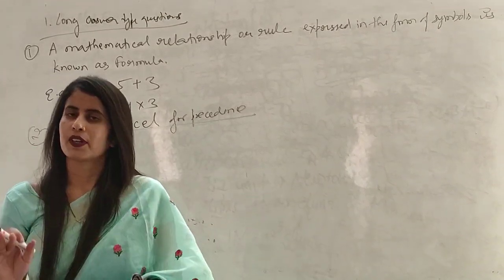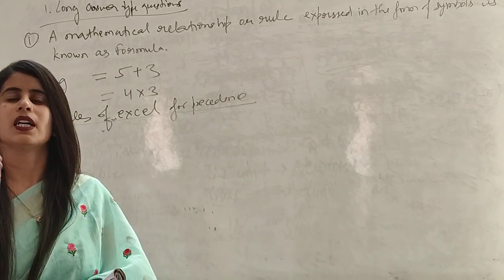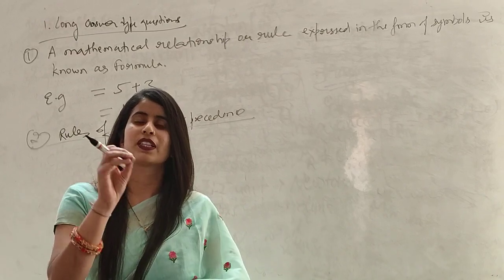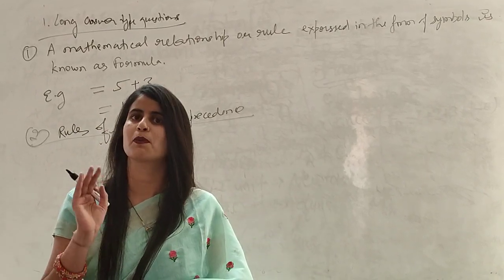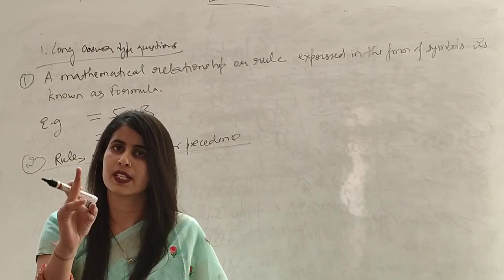Okay, the first one is Excel evaluates, or you can say Excel calculates the expressions within parentheses first. Parentheses means brackets, means the things that are in brackets, it evaluates it first.